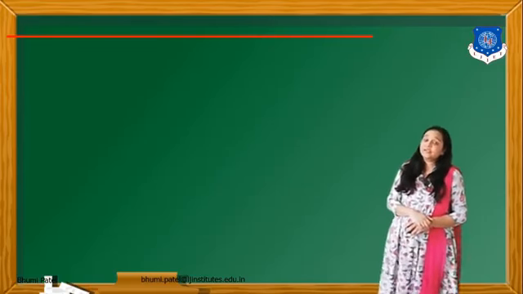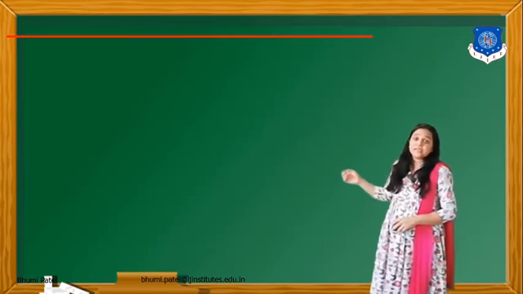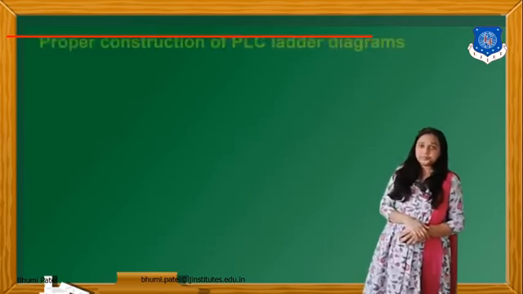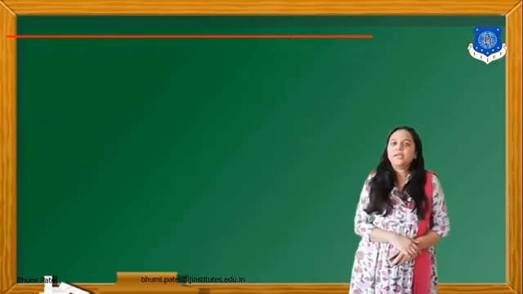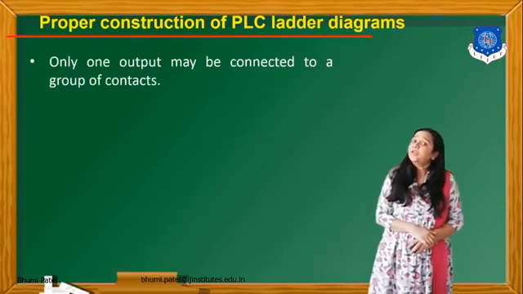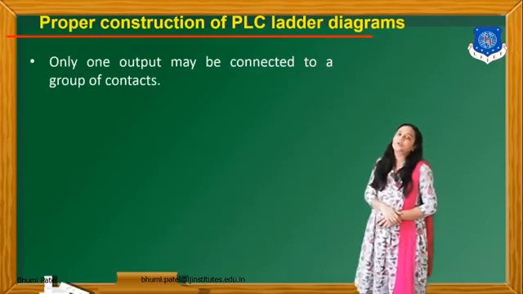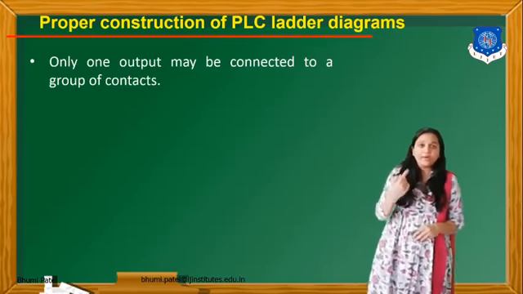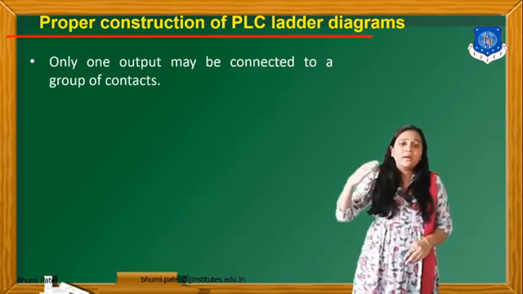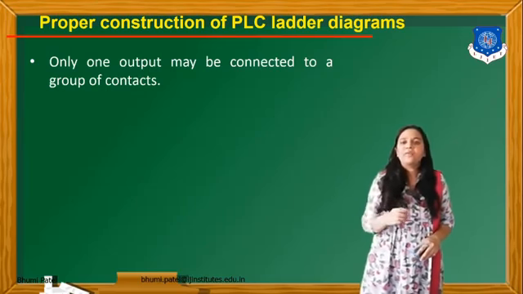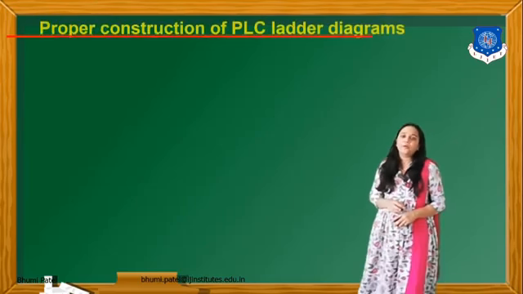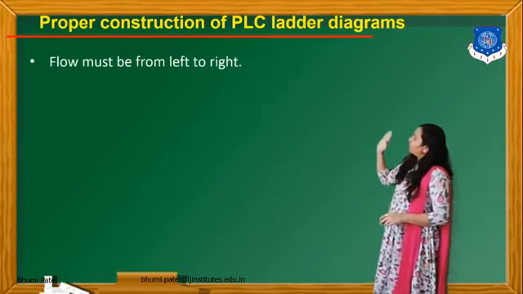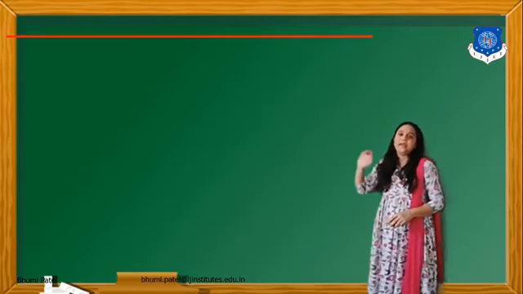As we discussed earlier, we cannot connect C like here. We cannot connect input vertically. The next one is only one output may be connected to a group of contacts. We can take multiple inputs, but we can connect only one output. The next one is the flow must always start from left to right.